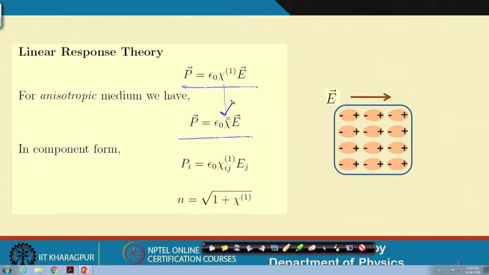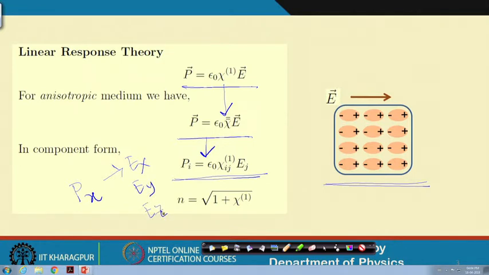On the right hand side we have a schematic figure. If I apply the electric field E, the dipoles will be arranged. Before going to that, let me write the component form also. As I mentioned, P is now related to different components of E. That means P x is related to E x, E y and E z.